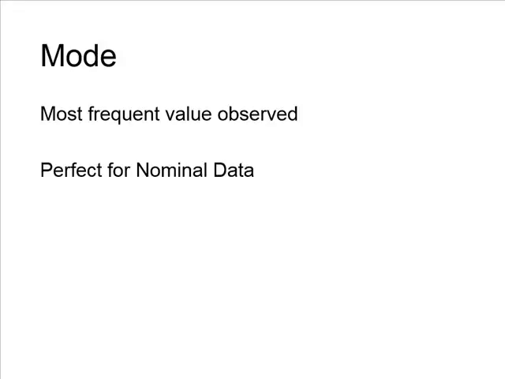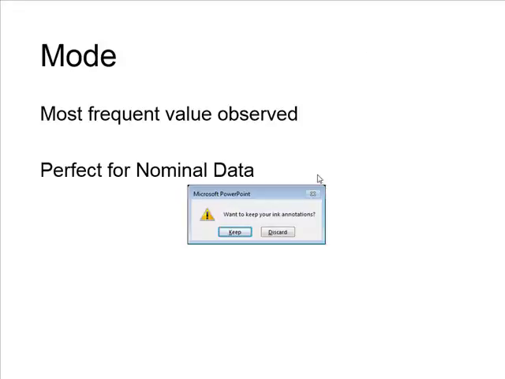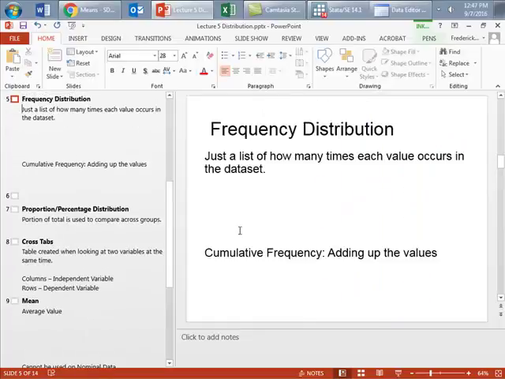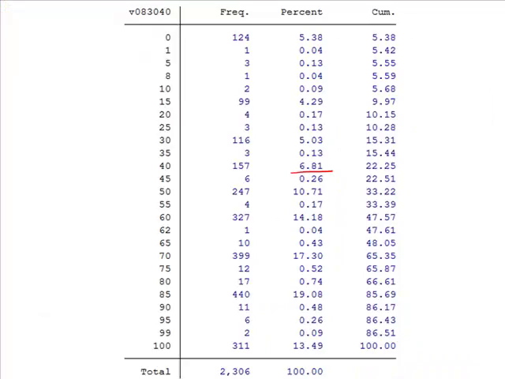Now we're going to go back and we're going to look at the modal response for Hillary Clinton. Let's see which number appeared the most times. Which one appeared the most? 85 appeared 440 times, in 19% of the respondents.